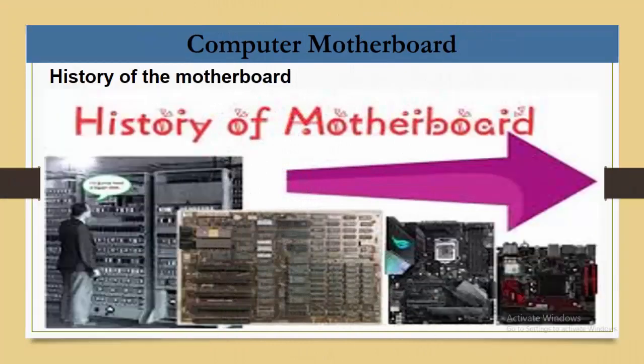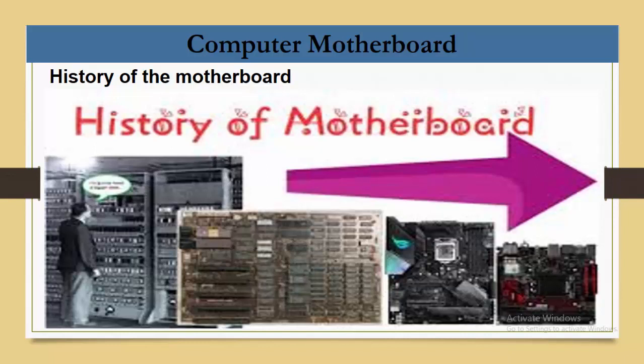History of the motherboard. The first motherboard, originally called a planar, was used in the IBM personal computer in 1981, I think. But the AT or full AT motherboard form factor was introduced by IBM in August, I think 1984. Also, IBM introduced the Baby AT motherboard form factor in 1985.